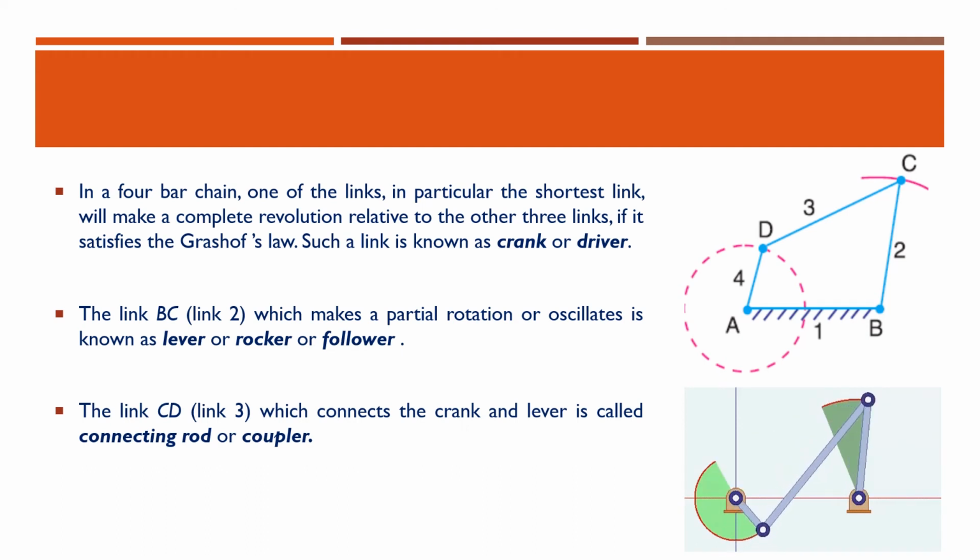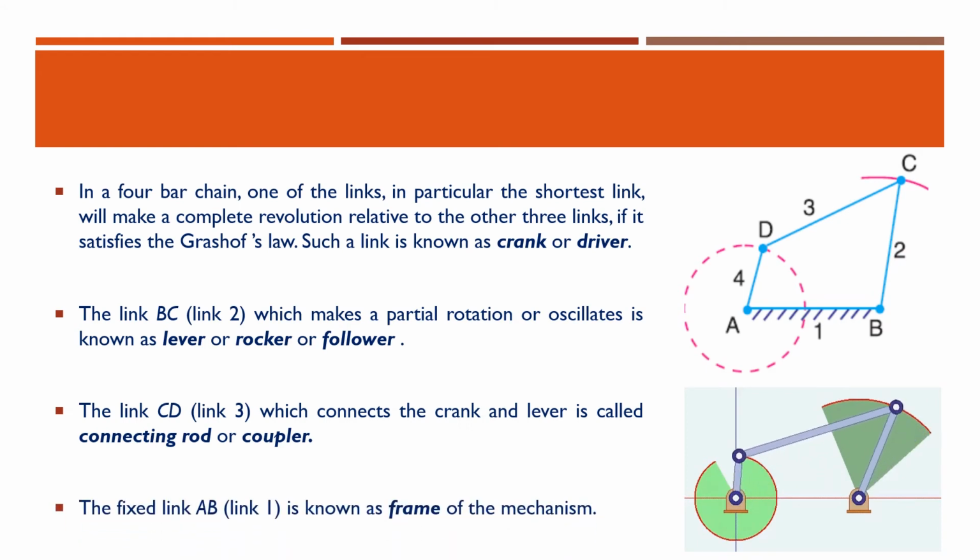In this figure, AB is the fixed link, AD the shortest one is the crank, BC oscillates or makes partial rotation, it is called the lever or the follower, and the link DC which connects the crank and the oscillator is the connecting rod. And the fixed link is the frame of the mechanism.